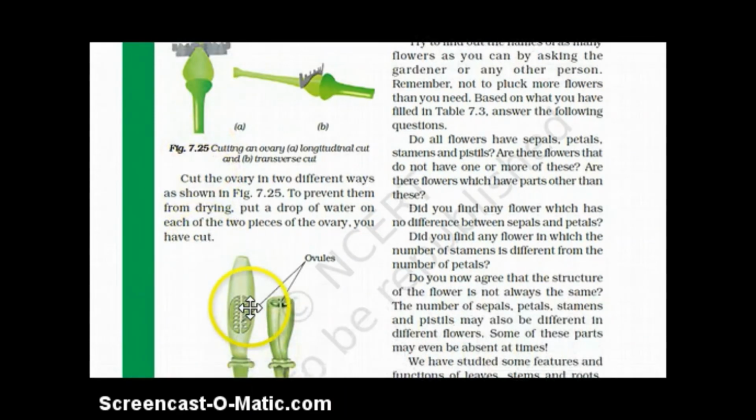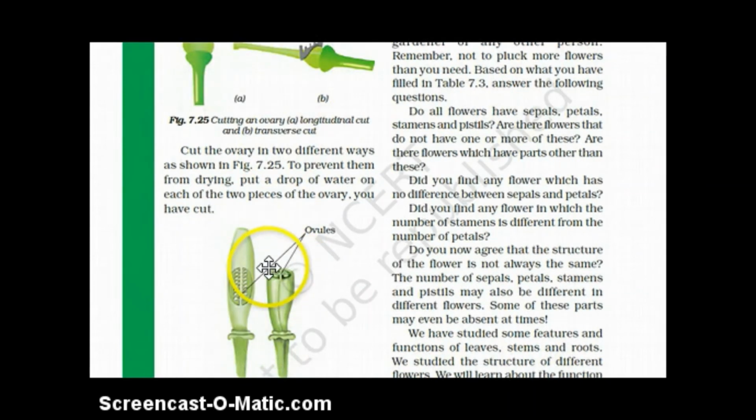longitudinally or vertically, we will observe that the ovules are arranged in this pattern. There is a central line, and on both sides of it there are ovules. And when we will cut it horizontally, we can see it like this.